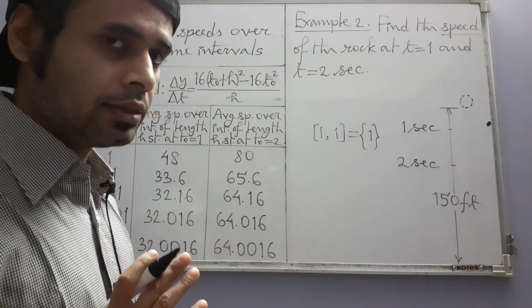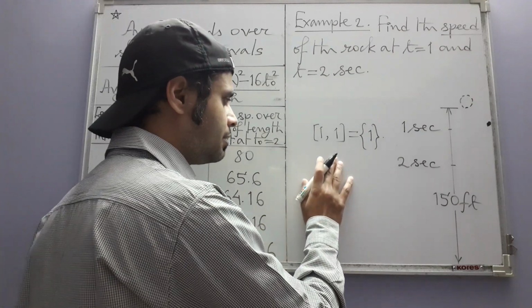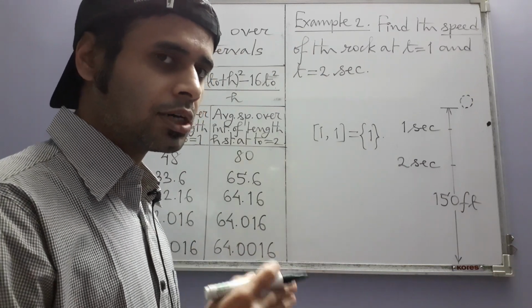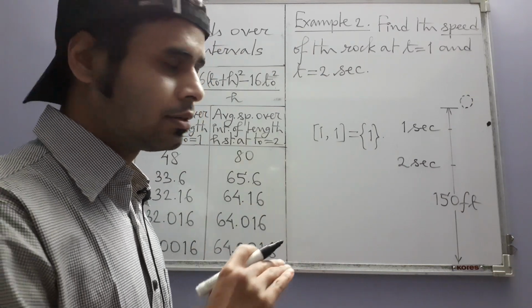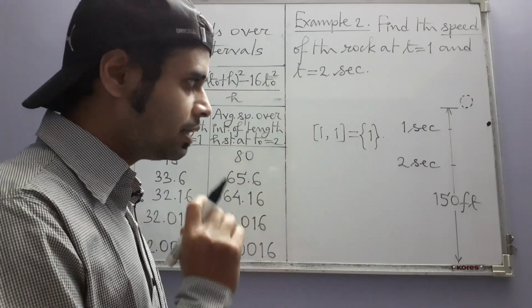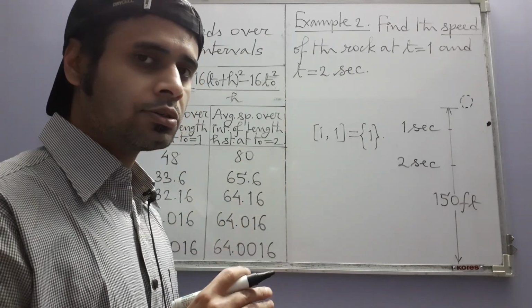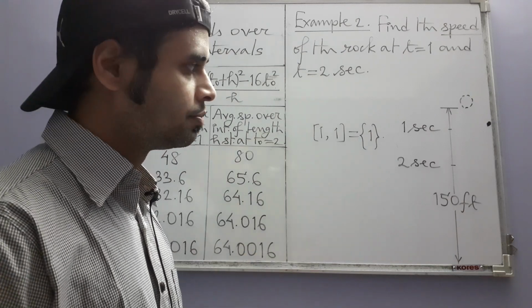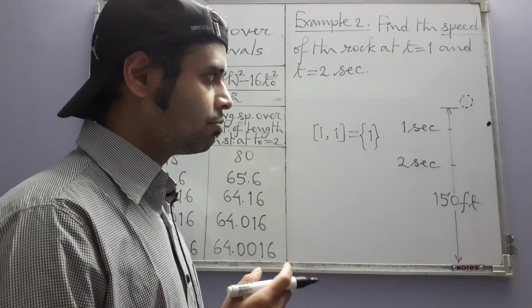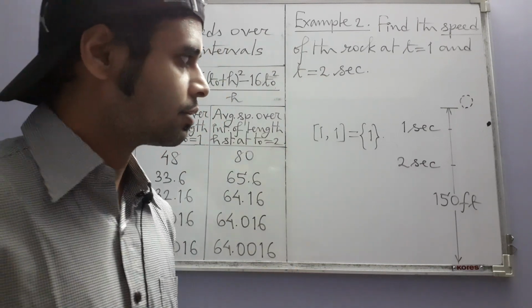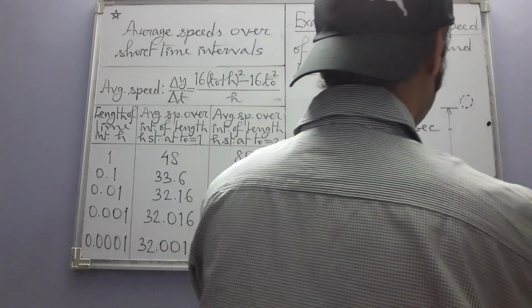But we can do something else. We can calculate again average speed, but not one average speed, but many average speeds over some intervals that are going to be made shorter and shorter in length, and then we will try to see what happens to those average speeds. Specifically, we are going to do this.